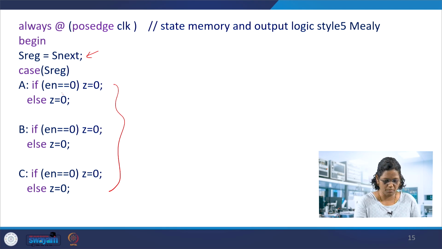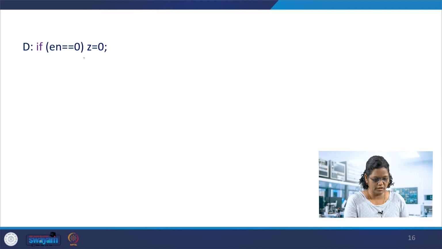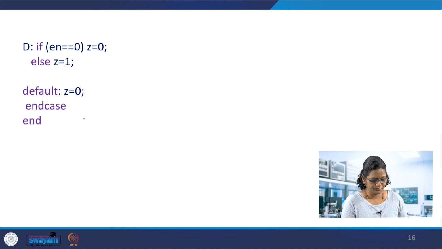Once this SREG is updated, it gets into the output logic, whereas S next is getting this at passage of the clock. This has the output logic with D also. D is 0, Z is 0 if enable is 0, else it is going to be 1. And default, end case, this completes the output logic, and the first statement gives the state memory.